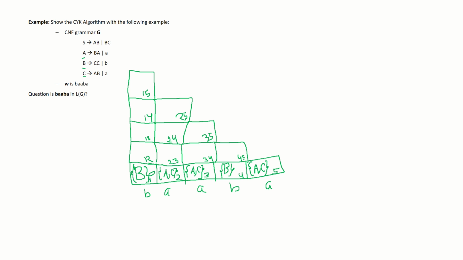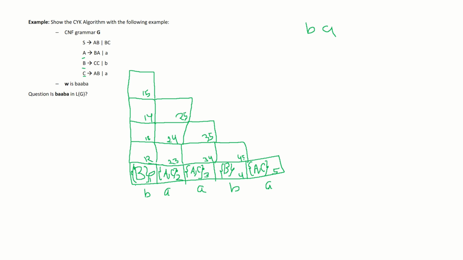Now let's fill up this row too. In this row we have the substring from position 1 to position 2, so that is BA, right.